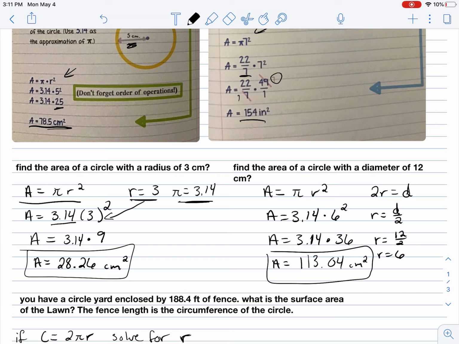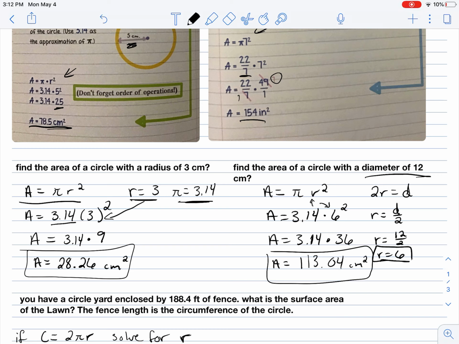Okay, same thing over here. We're using the same equation, except we're given diameter. So diameter is 12. We know radius is half of the diameter. So 2r equals d, so r equals d divided by 2, or 12 divided by 2, which gives us 6. So we found our radius. Now we can plug in 6 for r right here.